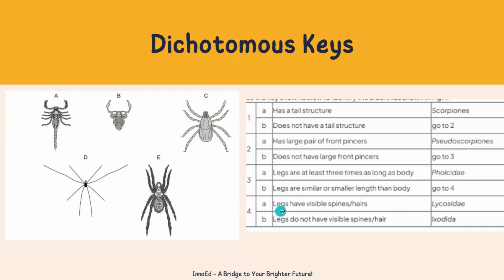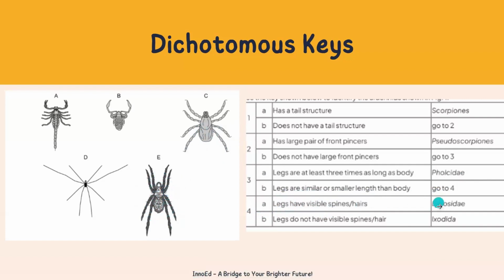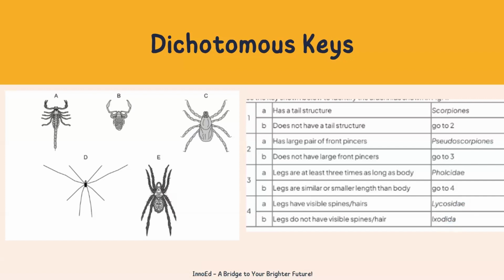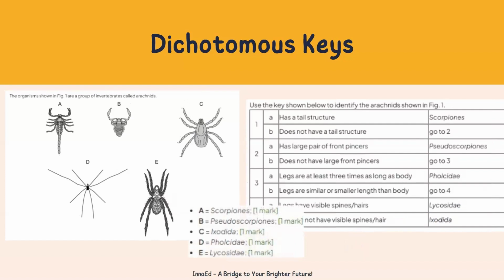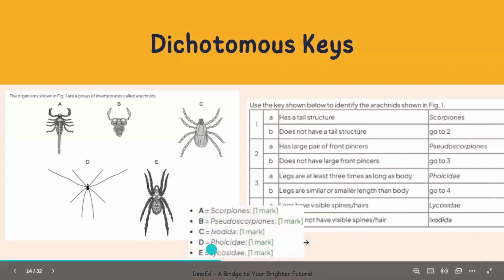So 4A says, legs have visible spines or hairs. So looking at these 2 pictures, only E shows the legs with spines or hairs here. So E belongs to this name. So the last one belongs to C. So this is how we read the feature given and match it with the pictures given. So I hope you all understand this example and will be able to do it very well in your exam. So you can look at the answer keys here.